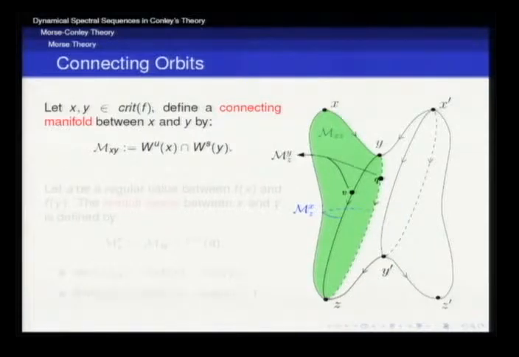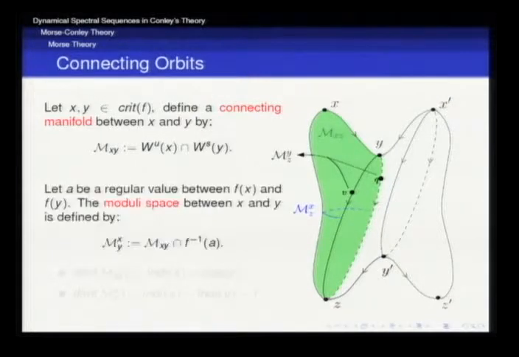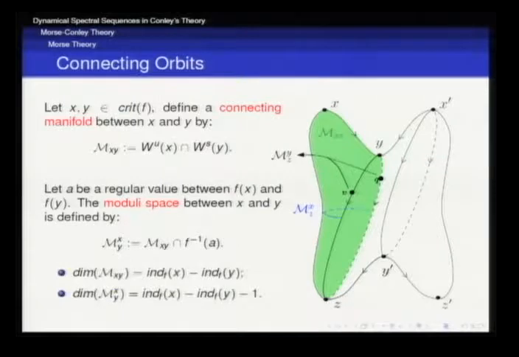We can see that in green there, for instance, between x and z. Then I want to consider a regular value between f(x) and f(y) and call the moduli space between x and y the intersection at a level set. We know that the dimension of the connecting manifold is always the index of x minus the index of y, and of the moduli space, one less.